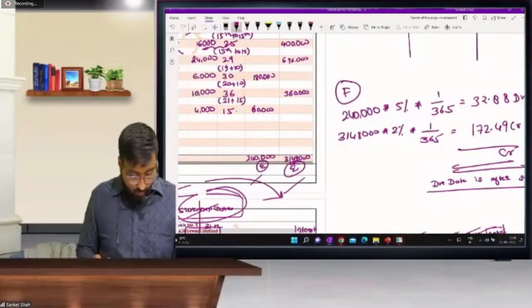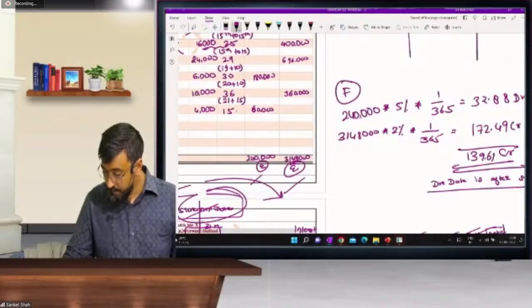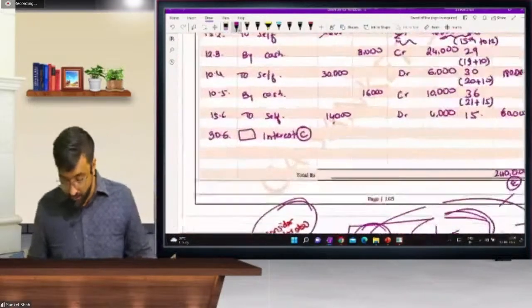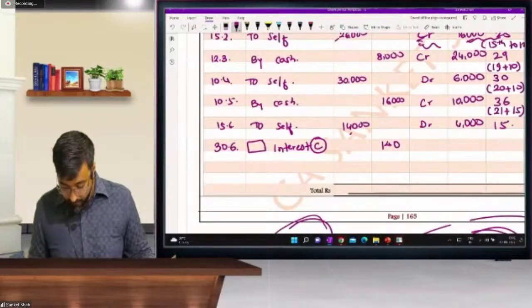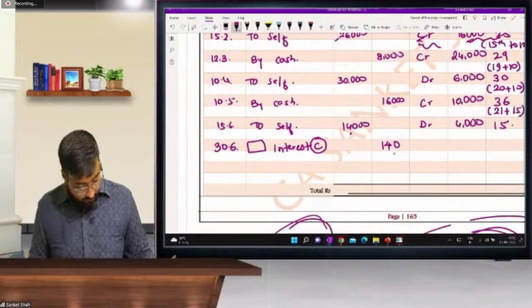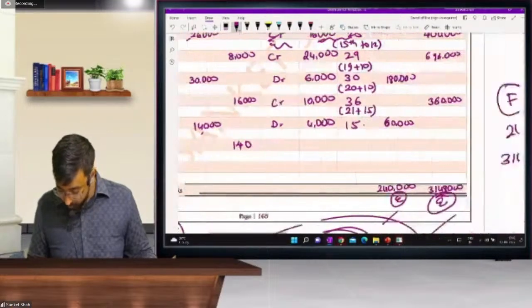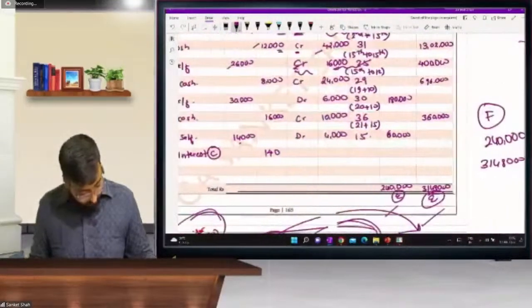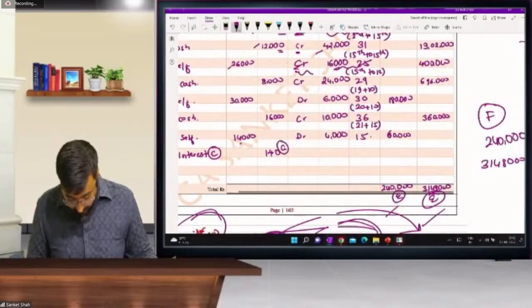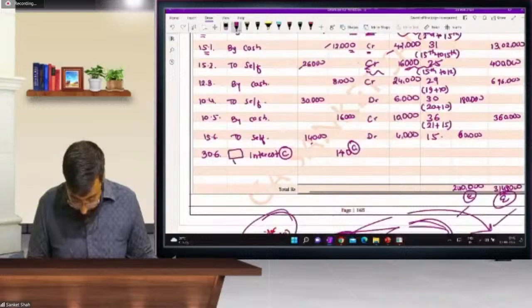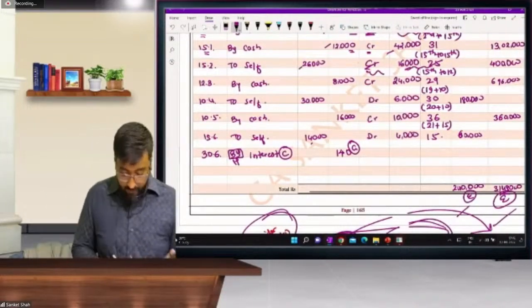What is the answer? 139.61. Say 140. Don't worry about small change, the bank will give you 140 rupees interest. 140 credit is more. So, beta, E, F, G. This is G, and here I will write by interest.